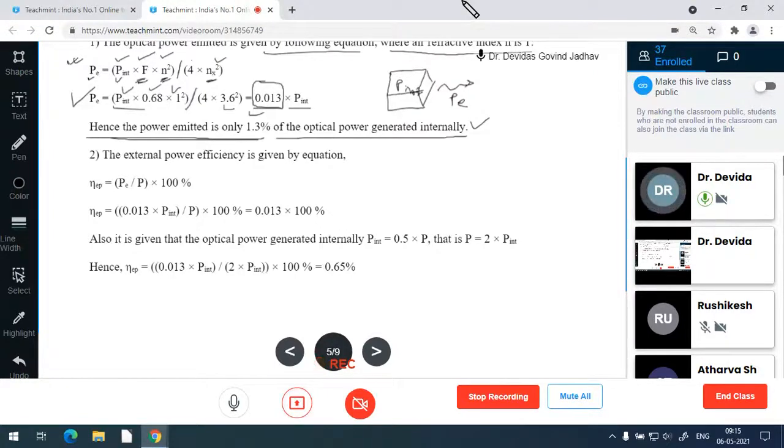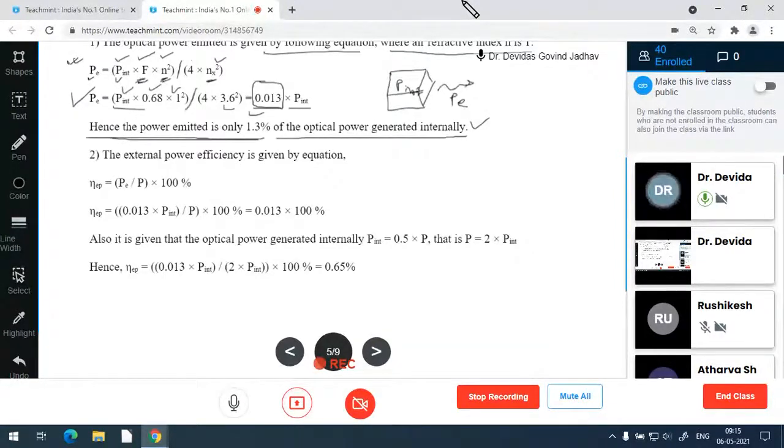Means 100 photons are generated inside the crystal, only 1.3 photons are able to be emitted outside. So understand the loss. Out of 1000 photons, only 13 photons are emitted. So 1.3%.